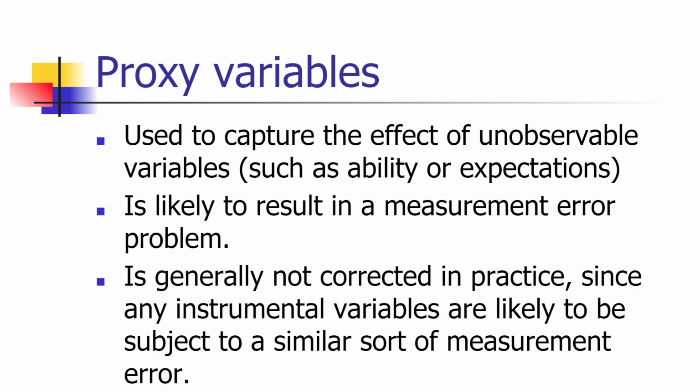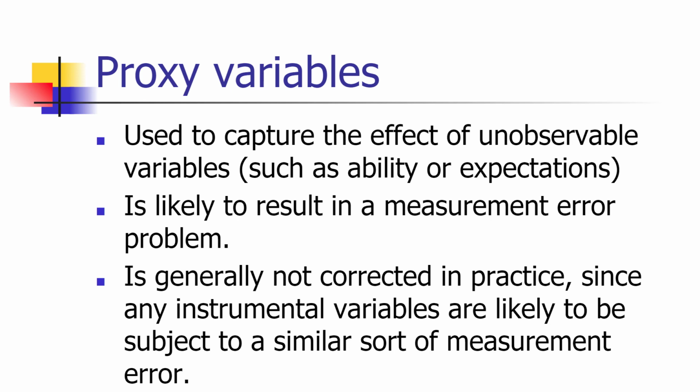We generally don't correct this in practice in these cases because any instruments that we'd be likely to use tend to have a similar sort of measurement error. The consolation, though, is that if we find significant results when we include our proxy variables, it's likely that if we were able to find a direct measure of these variables, the result would be at least as strong because of the general downward bias in these estimates, which means a significant result when measurement error is present is likely to actually understate the actual magnitude of that effect.